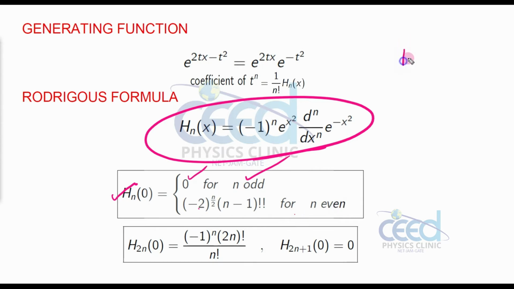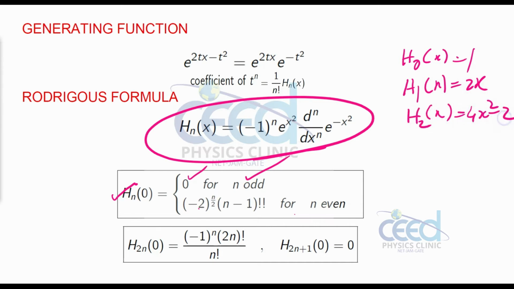We have already discussed this: h0 of x is equal to 1, h1 of x is equal to 2x, and h2 of x is equal to 4x square minus 2. Now if you consider n is odd, so for h1 of x, n is equal to 1, that is odd.